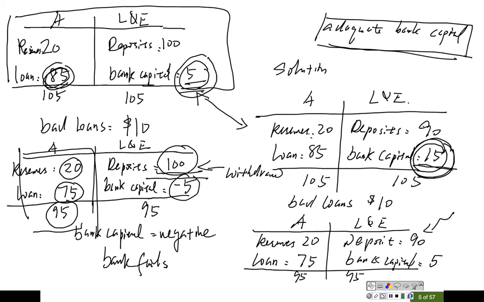If this bank owned only $5 of bank capital, the bank would fail because the bank capital can easily become negative. But if the bank capital is high enough, like $15 in the second case, it can work as a cushion against the decline in the value of the loans. That's the reason, if you read the rest of this chapter, you will find that regulators have put a restriction on the minimum bank capital each bank needs to have.